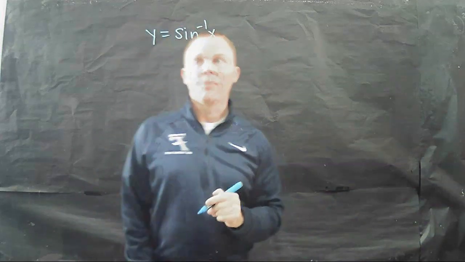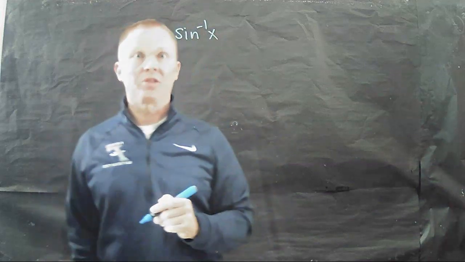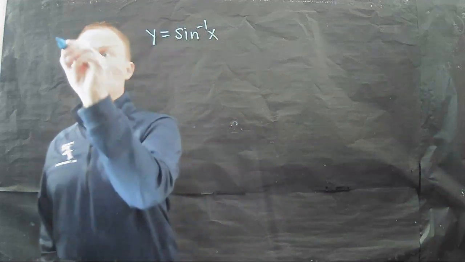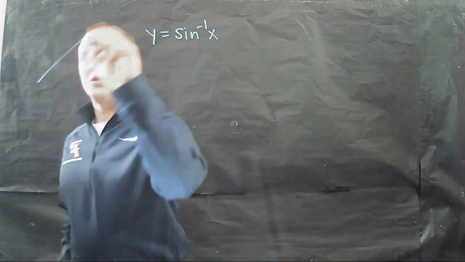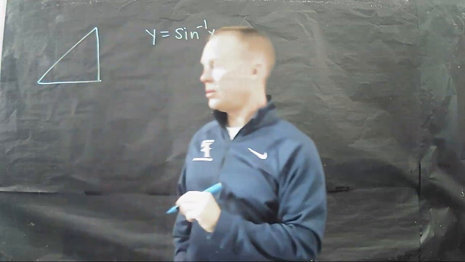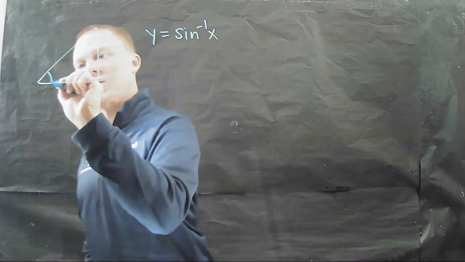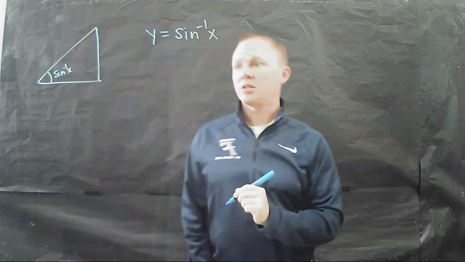So we have to make sure we understand the inverse sine function. If I asked you to draw a picture of what the inverse sine of x looks like, maybe you could draw a triangle and say, let's call this angle the inverse sine of x.